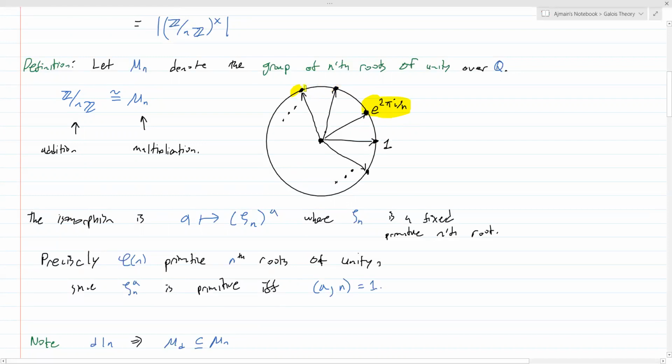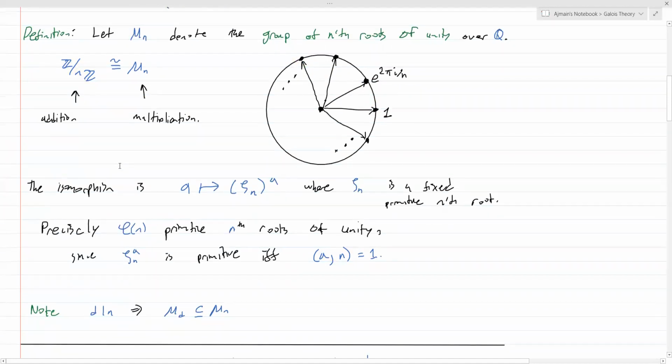And if that power has some factors in common with n, then you could raise that other number to a certain number less than n to get 1, so it wouldn't be a primitive nth root. This is a fact about cyclic groups. And then notice that d being a divisor of n implies that the group of dth roots of unity is a subgroup of the nth roots of unity.